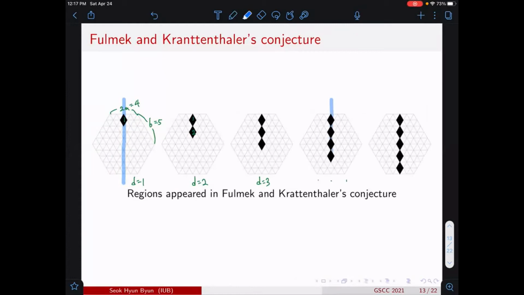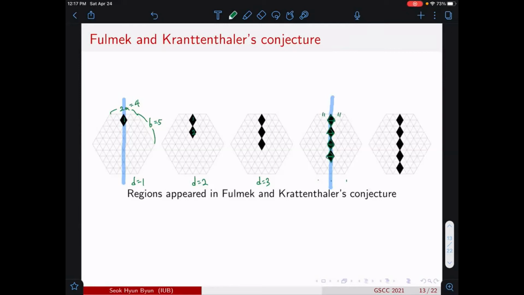I call this line a vertical symmetry axis, but let me just call it the perpendicular bisector of the top side, because it is, right? And from this perpendicular bisector, what they have done is remove several unit triangles on the top, right?